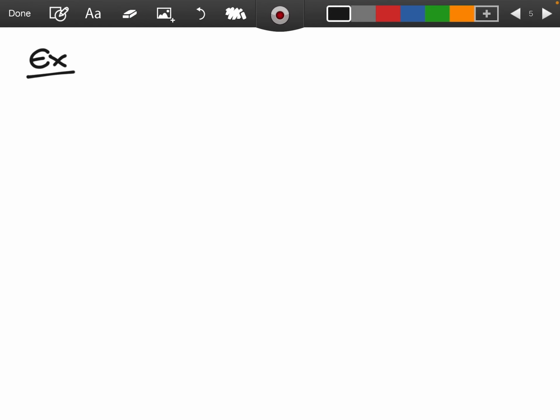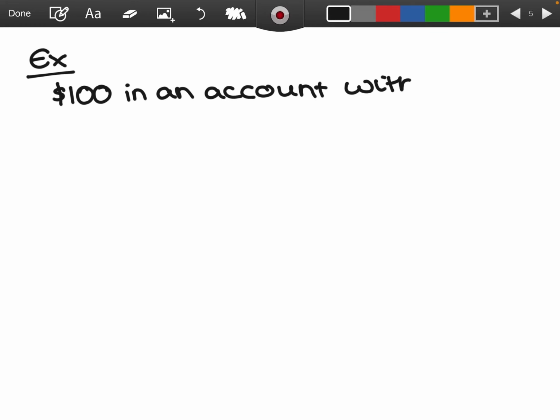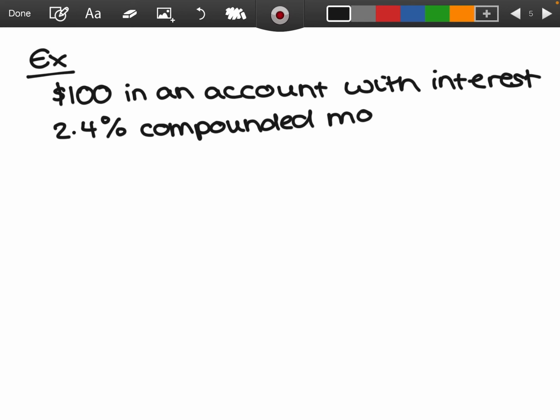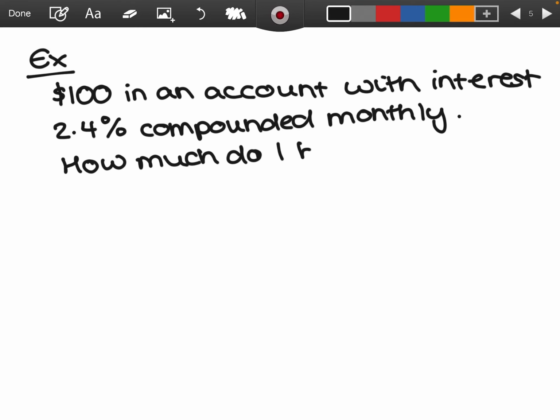So if I've got $100 in an account with interest of 2.4% compounded monthly. Question is, how much do I have at month 7? Okay. So after 7 months, how much do I have in my account?